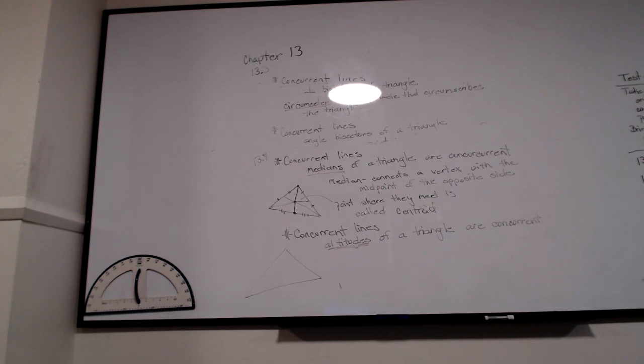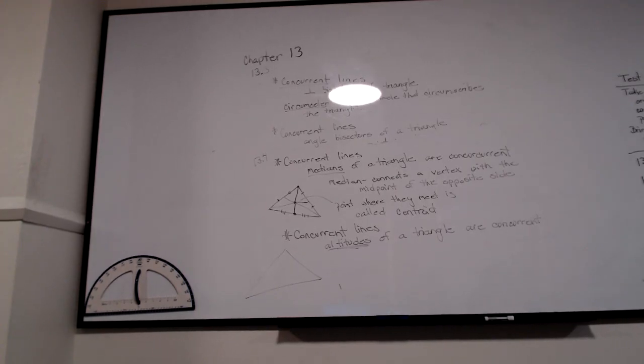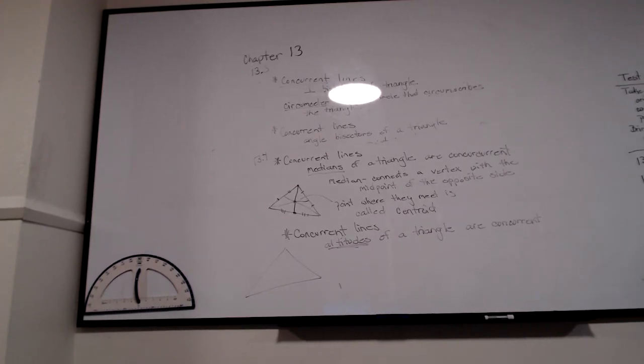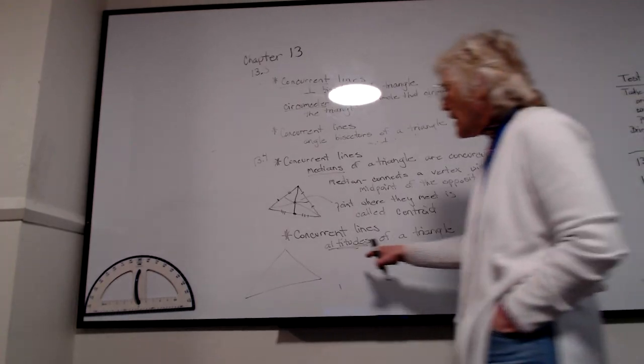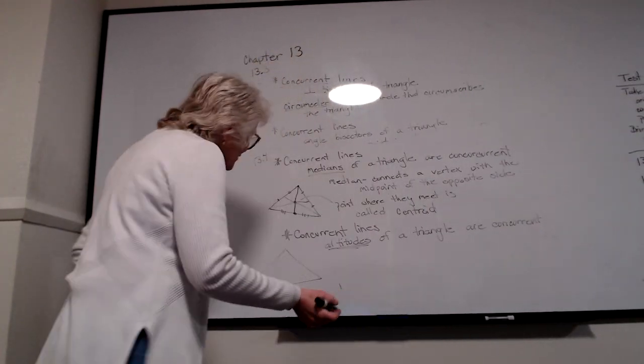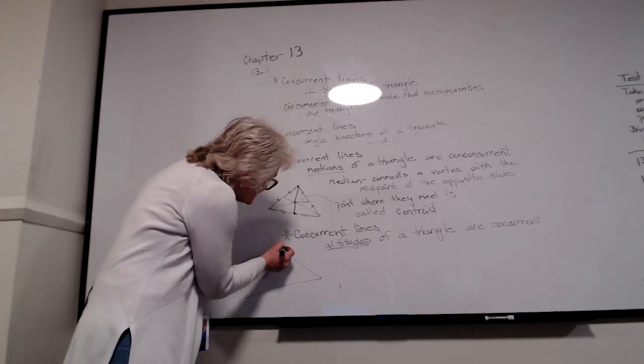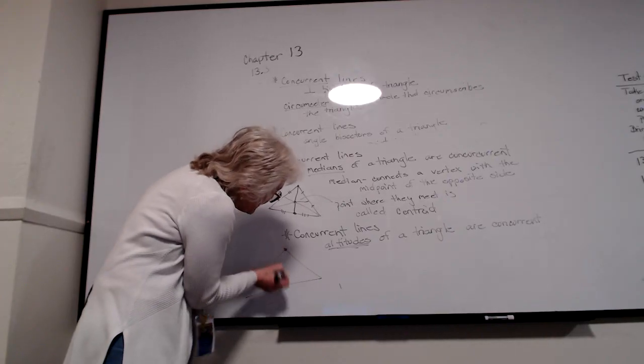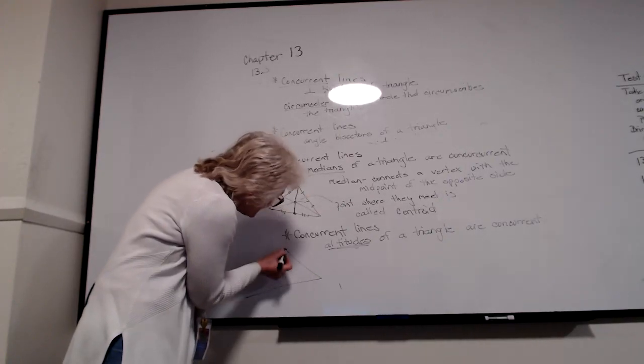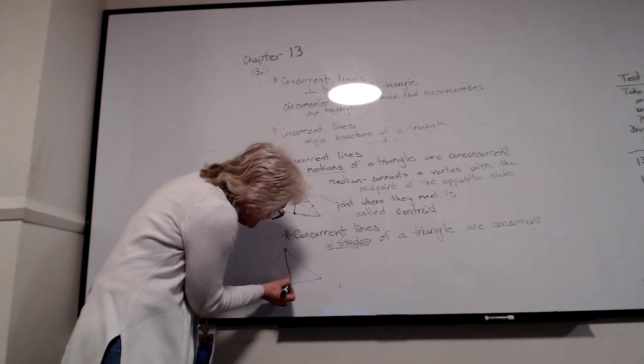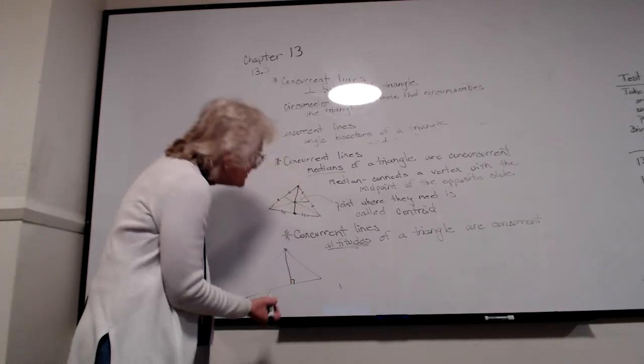How do I find the height of a triangle? Can you make a right triangle? Yes, you have to make, so altitudes are when you go from a vertex and you form a right angle with the opposite side. Okay, so that's an altitude.